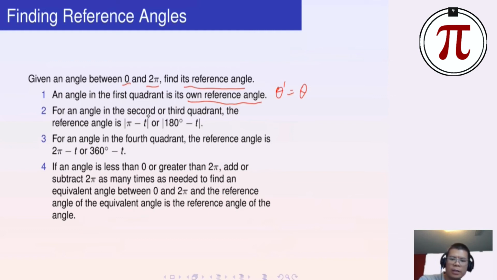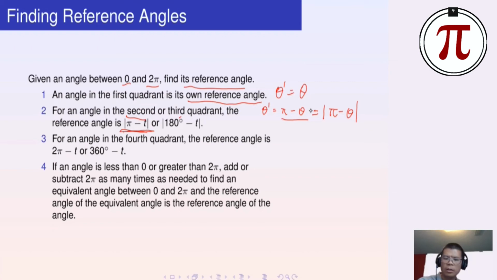Second, if in the second or third quadrant, the reference angle is the absolute value of pi minus t. Remember, in the second quadrant, it is pi minus theta, which is positive, so it equals the absolute value.